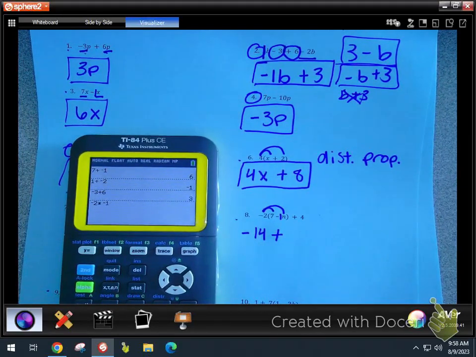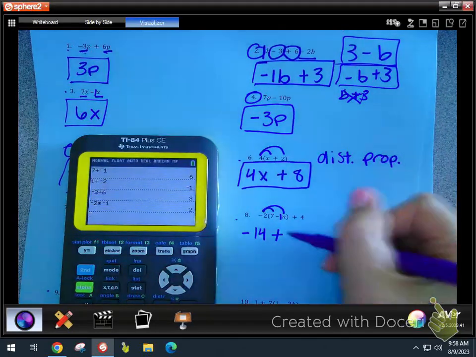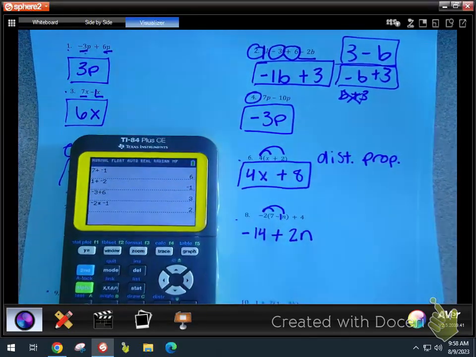That comes up on STAR, so be very careful with that. So I end up getting positive 2, but what has to go next to it? 2n. Very good. We just bring that variable down. How would it be positive? A negative times a negative becomes a positive. We're multiplying when we distribute. You will get a lot of practice with that because that's a pet peeve of mine.